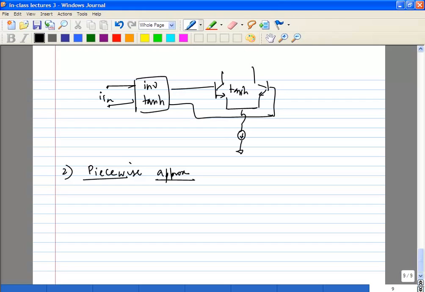Second thing, I think we looked at this before, piecewise approximation. Remember the multi-tanh. So we took 3 differential pairs and separated them using the bias or the size.